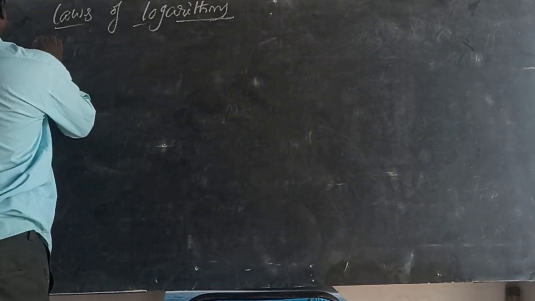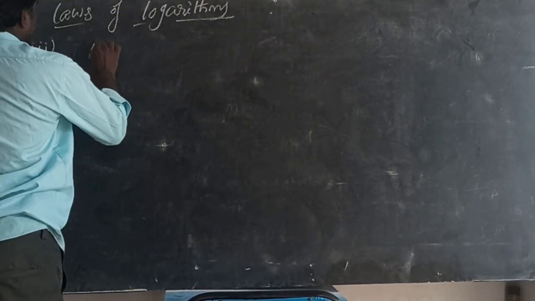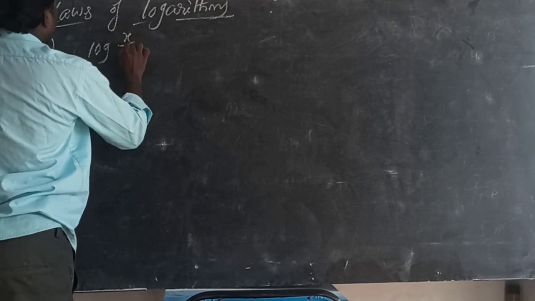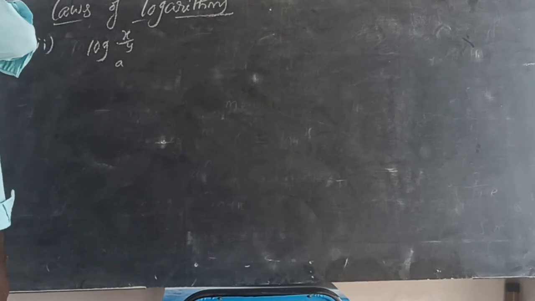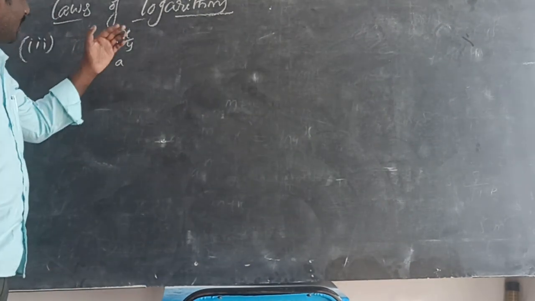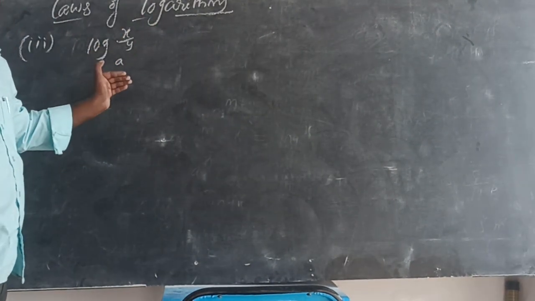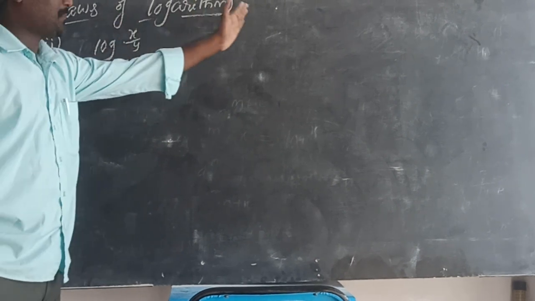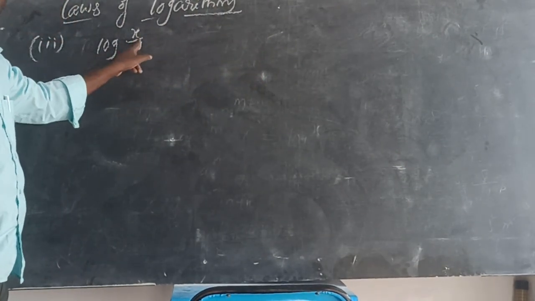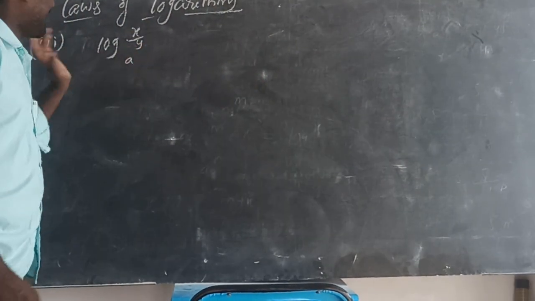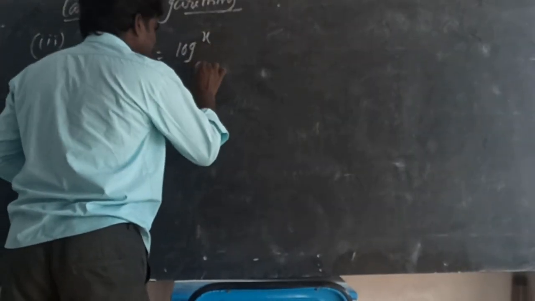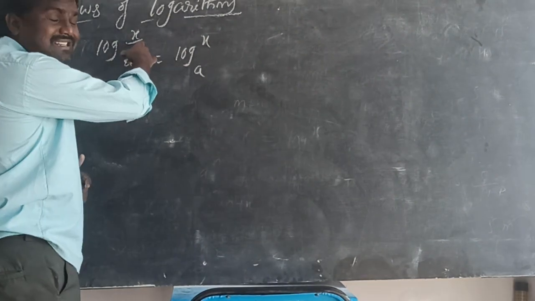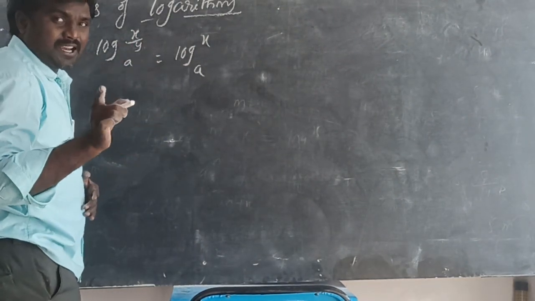Next, another one: log x by y base a. In the second one, log x into y base a, we got plus. Here it is divide. Log x by y base a is equal to log x base a, divide is nothing but subtraction, multiplication is nothing but addition.